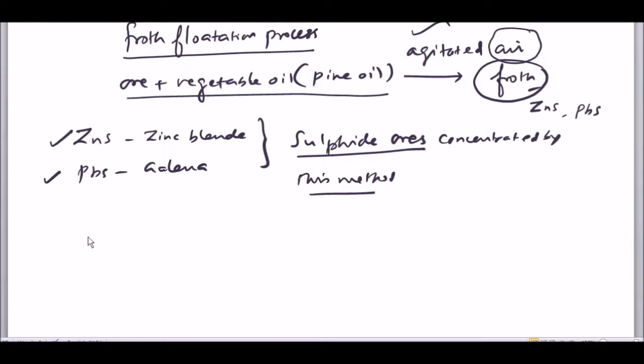Sometimes if you take an ore like galena, PbS, a certain percentage of ZnS may be there along with it. So how to remove ZnS from this?